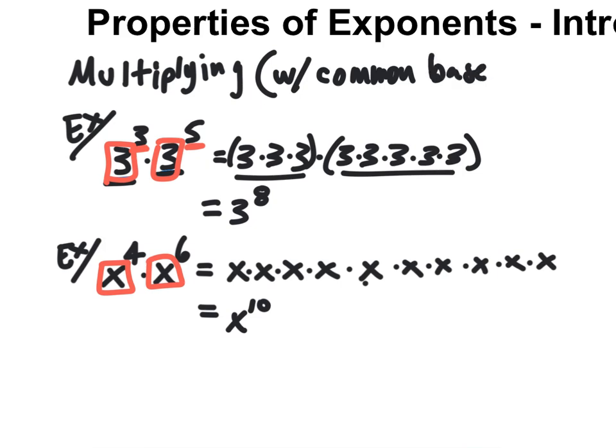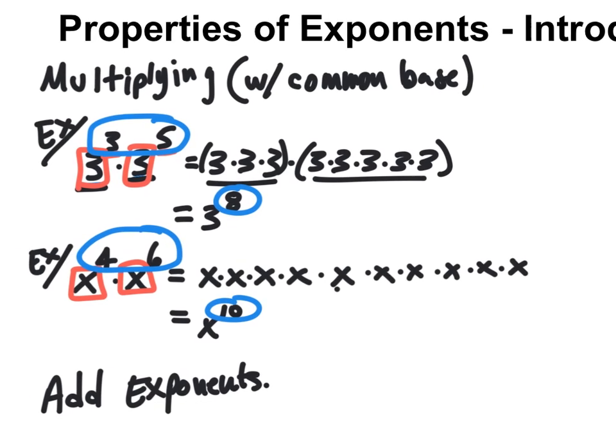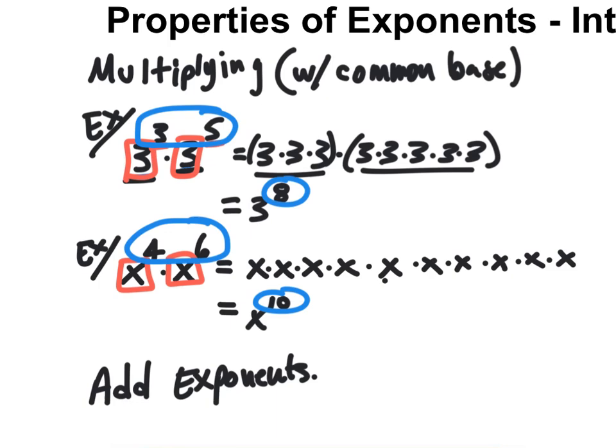Notice how I did that: 3 and 5 added together gave me 8, and 4 and 6 added together gives me 10. So multiplying with a common base means we add our exponents.